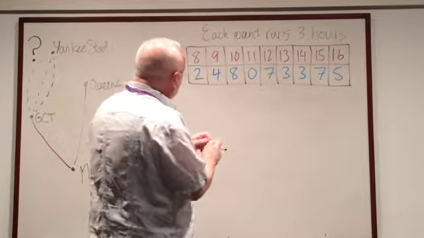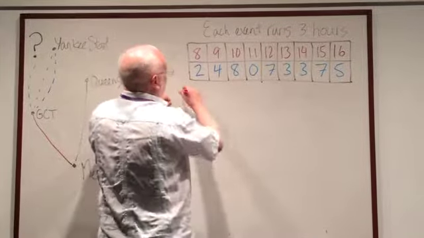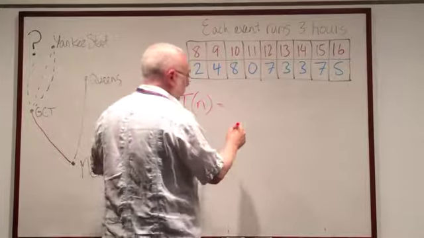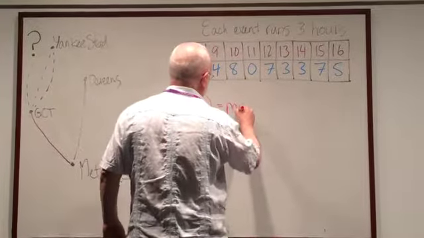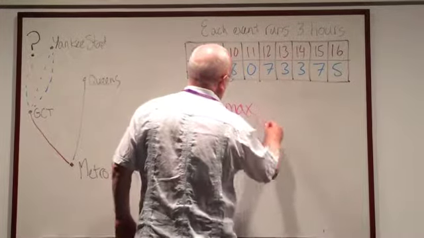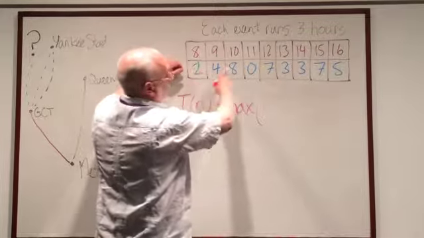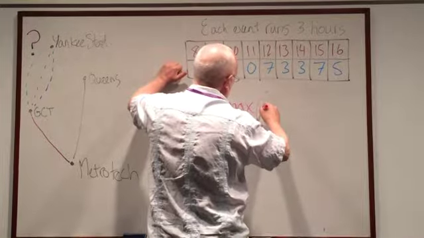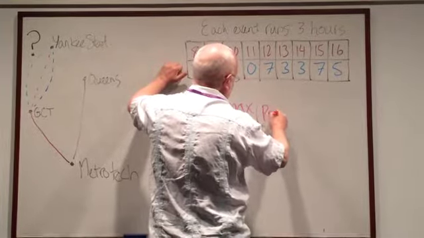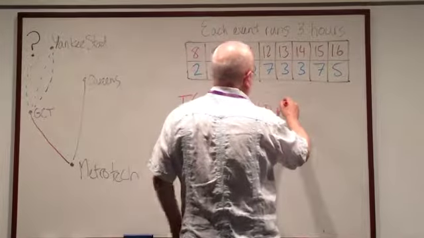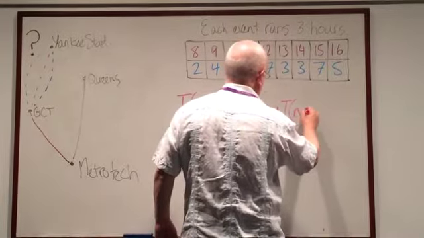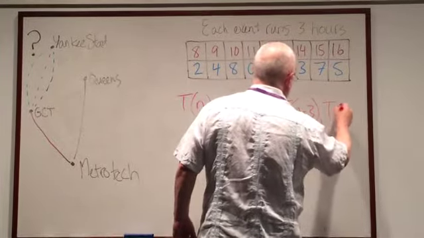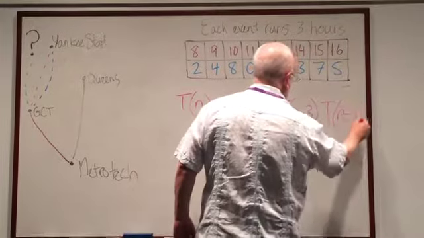The optimum at n is going to equal the maximum of, we'll call this array P for prices, the maximum of P sub n plus T of n minus 3, and T of n minus 1.